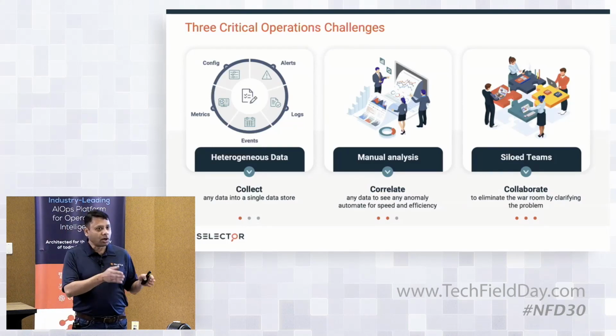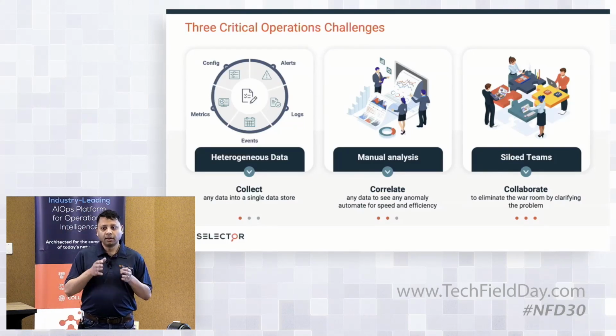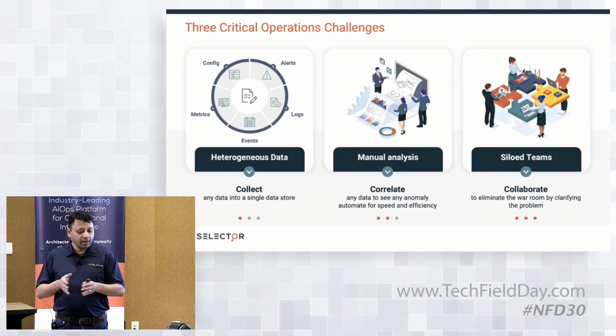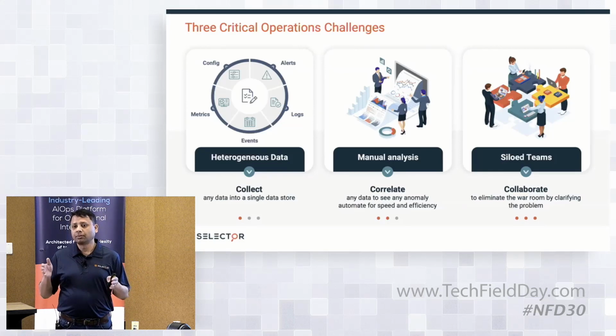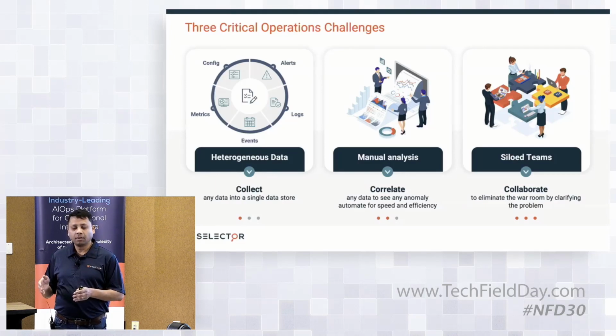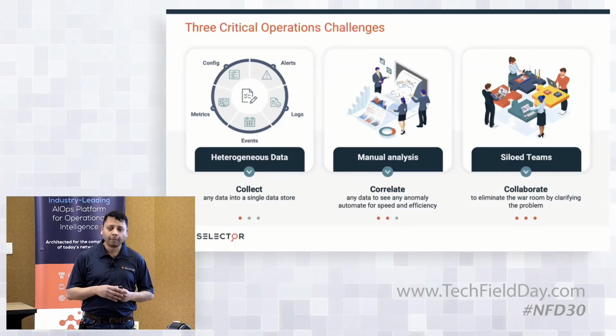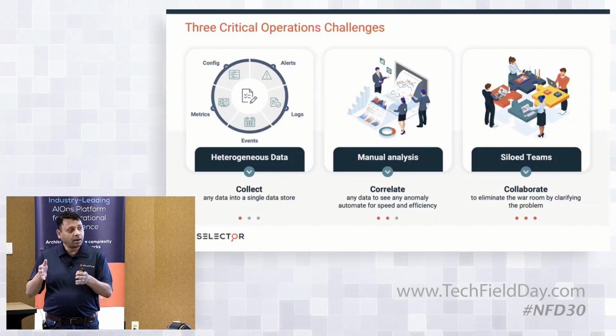So this overall process of getting the data, doing manual analysis, and sharing it with the teams takes the most time during an outage. Fixes usually have some kind of a playbook. They'll do a restart or a reset or some kind of action to get the services back. But the majority of the time is spent in this upfront work of analyzing the data.